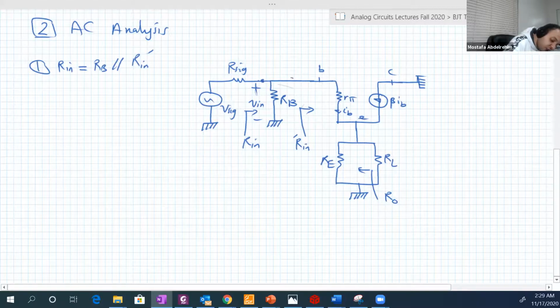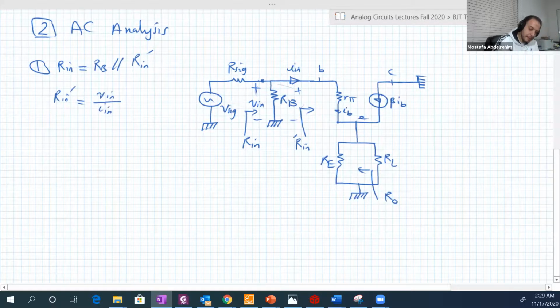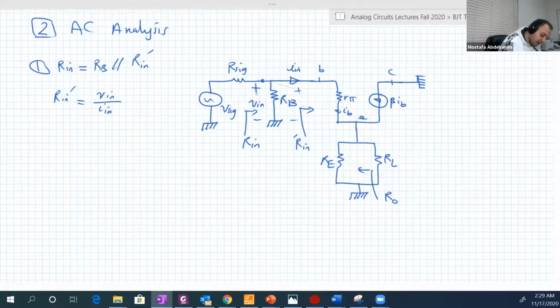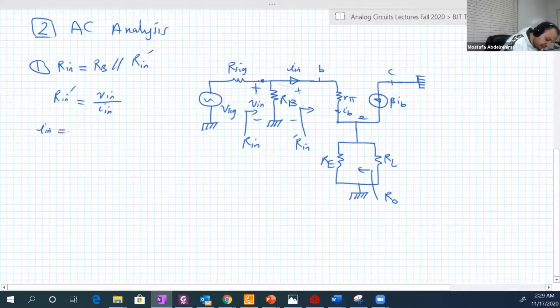If we assume this current is called I input, and here is the voltage V input, then R input dash equals V input over I input. I input first is equal to IB. Basically, IB is flowing in that branch, so it's just IB.